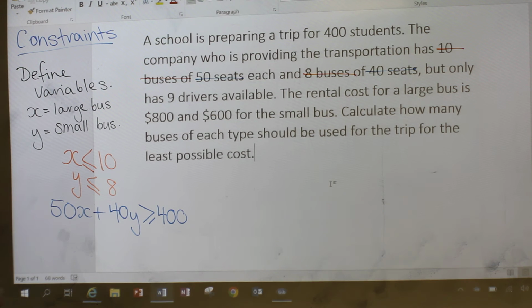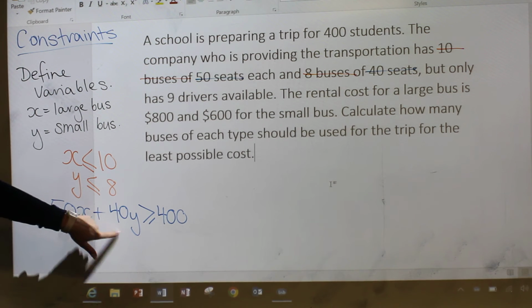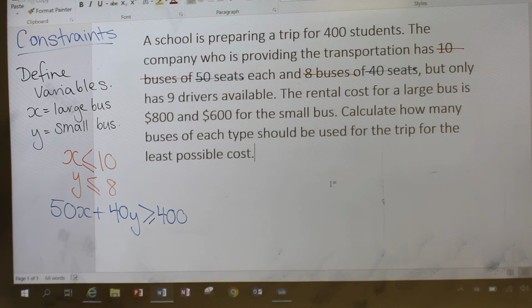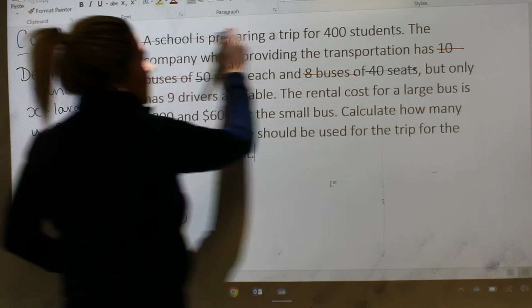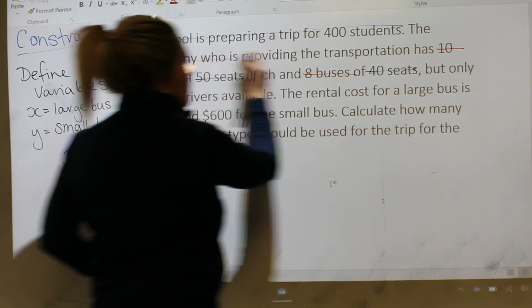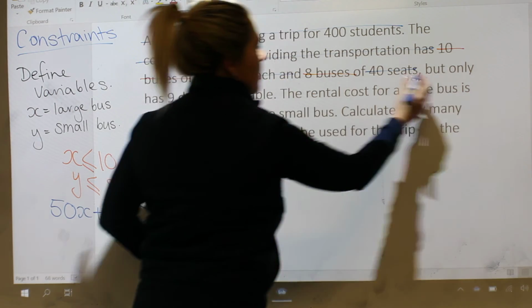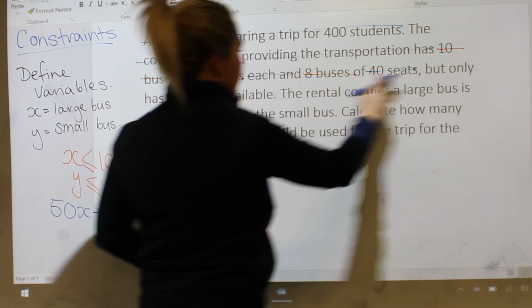Because 50 times the number of large buses we have is how many kids are on that bus, and 40 times the number of the small bus is how many kids are on that bus. So now this bit's gone. This bit's gone. That bit's gone. And we are here.